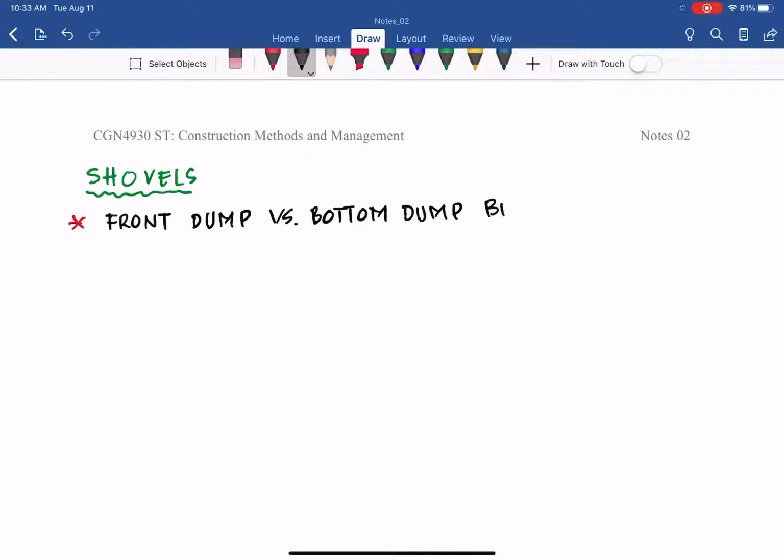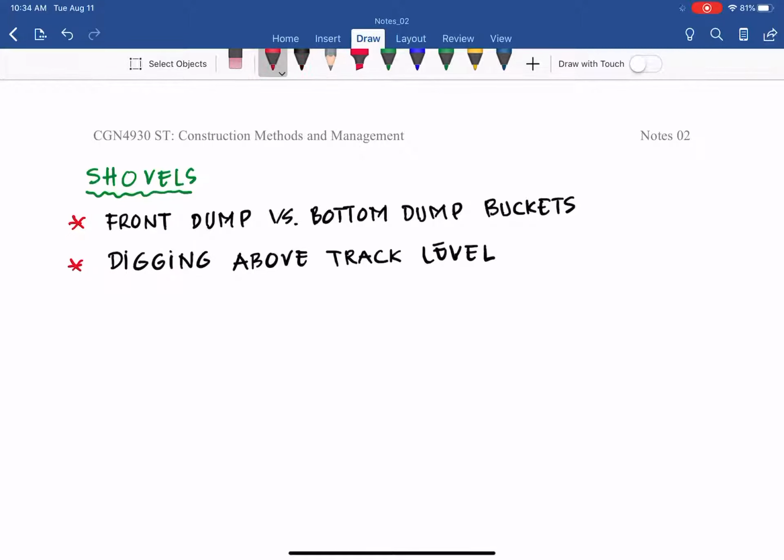And normally the shovel digs or excavates above the track level. So the material that they excavate is above what the shovel is standing on.